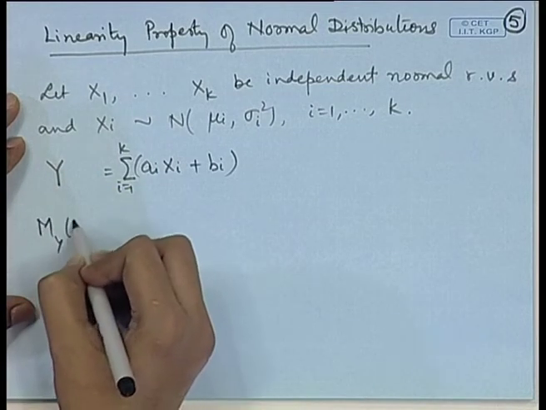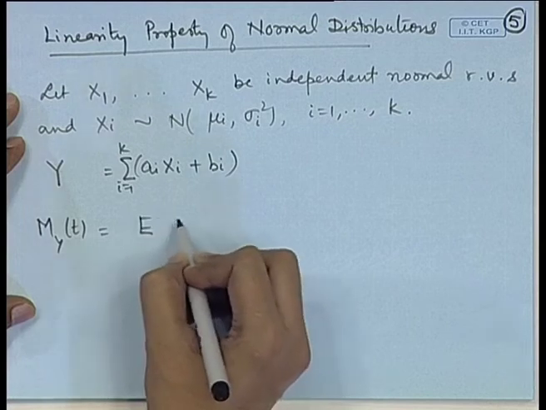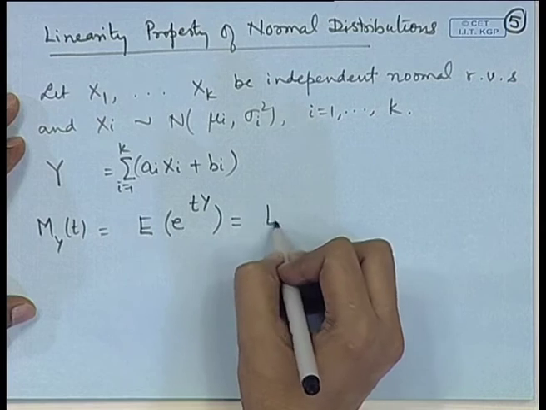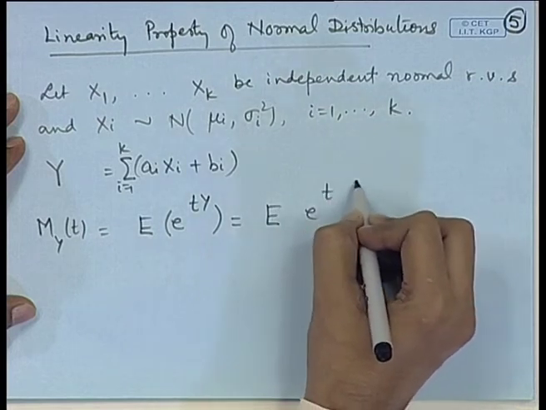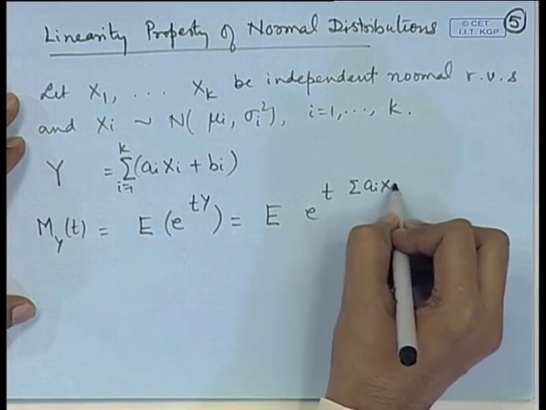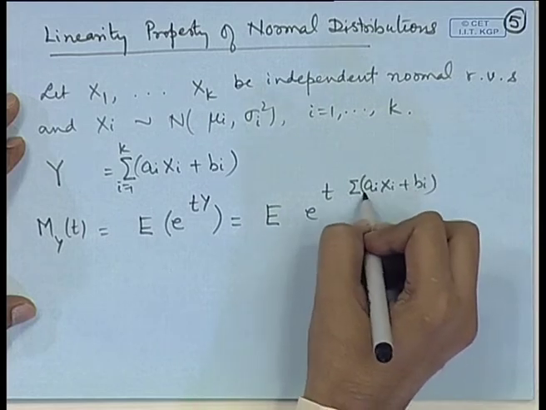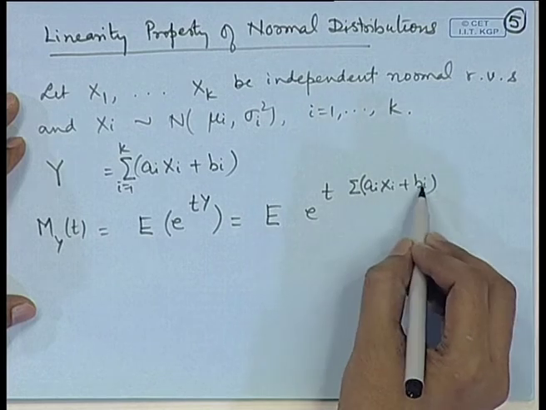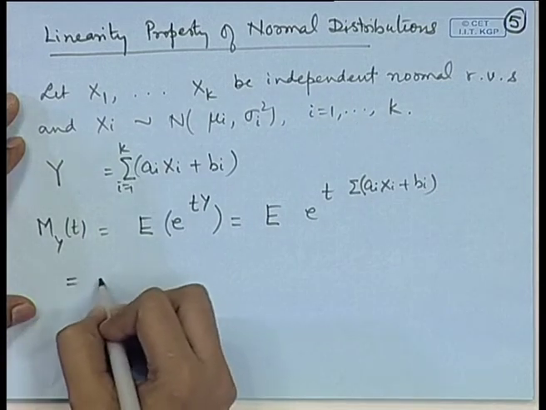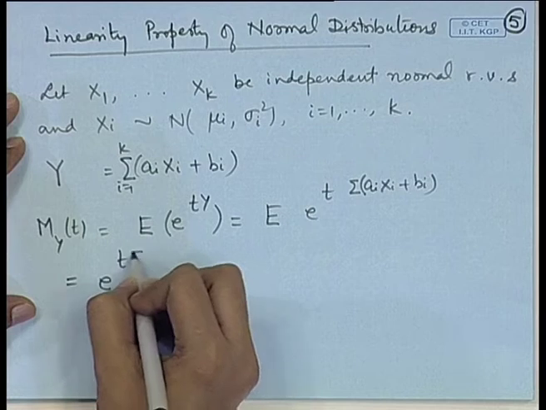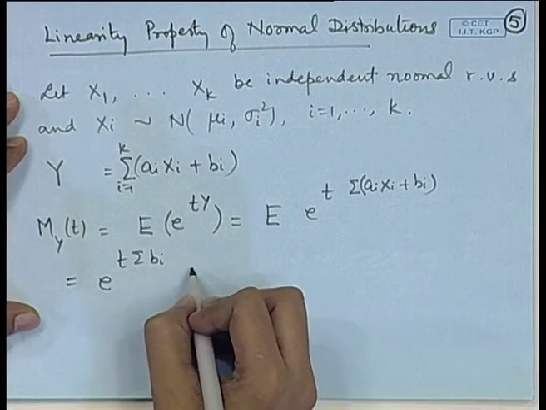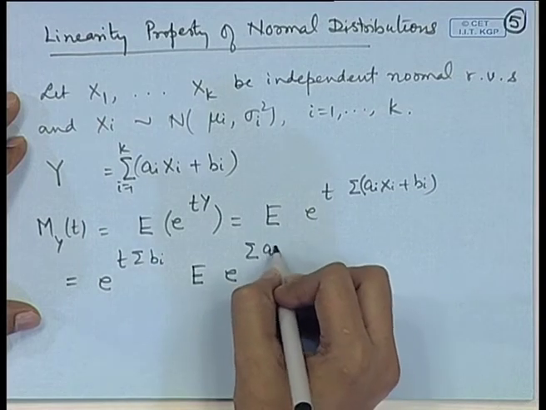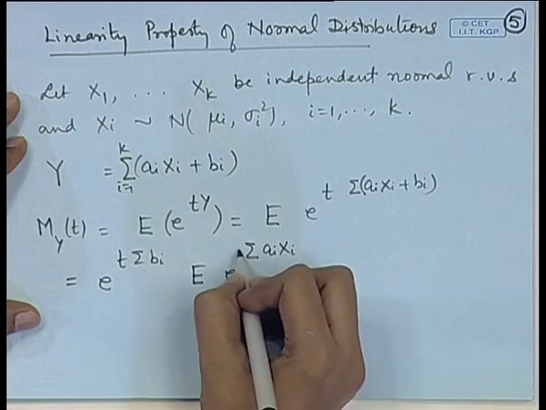So, MY(t), that is equal to expectation of e to the power tY, that is expectation of e to the power t (sigma ai Xi plus b). Here e to the power t b can be kept out. So, it is e to the power t b, and then we have expectation of e to the power t sigma ai Xi.